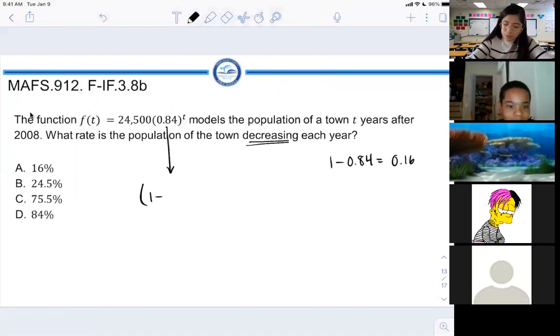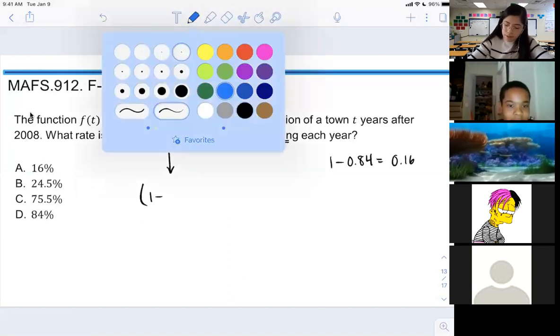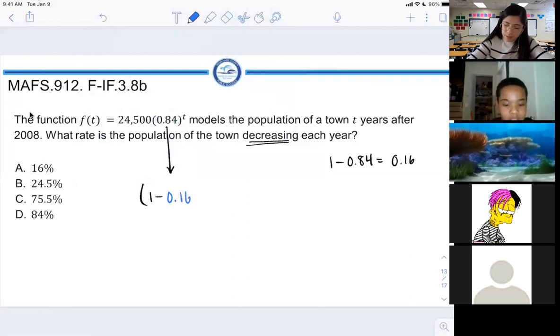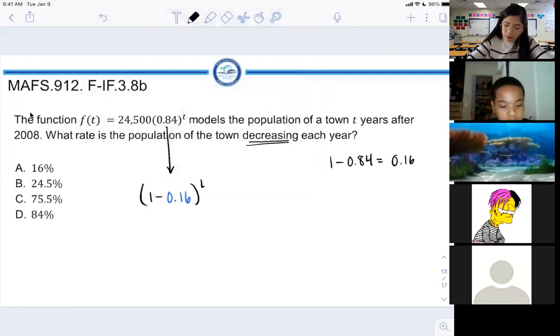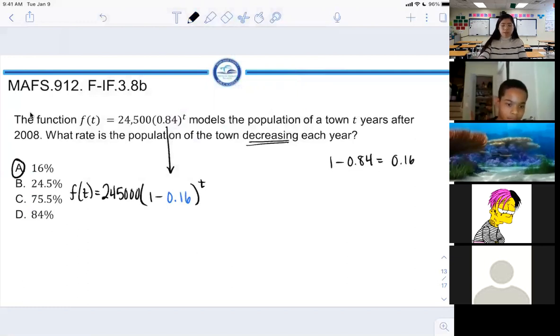So here, this would be 1 minus 0.16 to the power of t. In other words, they already subtracted for you, but before they subtracted, in the previous step, this would have been written like this, 1 minus 0.16. It's just that they did the math in the actual problem. So the actual rate would be 16%.